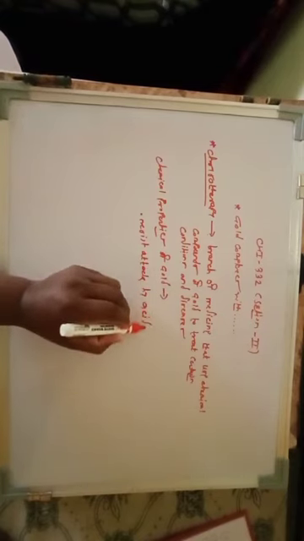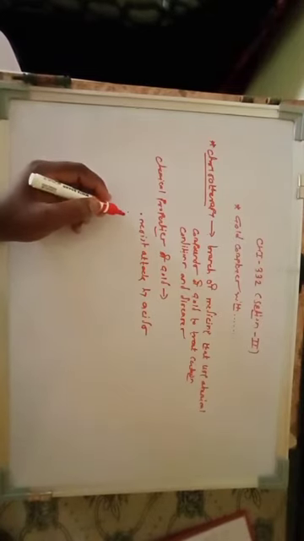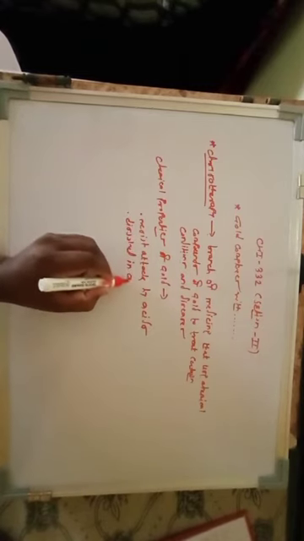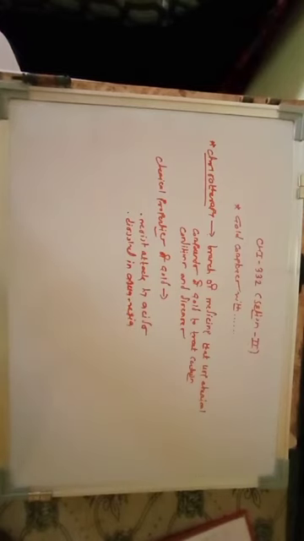So there is no effect on gold by acid, but the second, very important point is that it dissolves in aqua regia. We know that it is a mixture of 3 parts concentrated HCl and 1 part concentrated nitric acid. So it resists the attack by acid, but it dissolves in aqua regia.